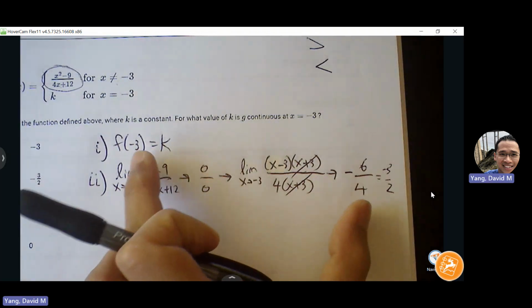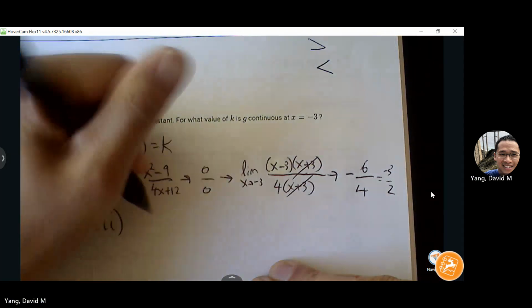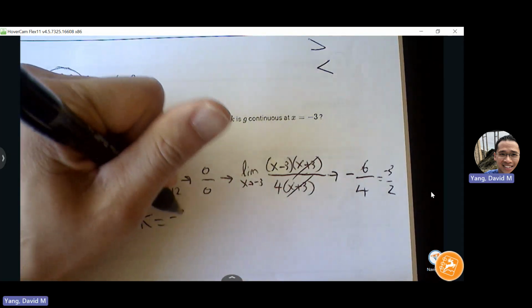Yeah, in order for my first two conditions to agree, K must be equal to -3 halves.